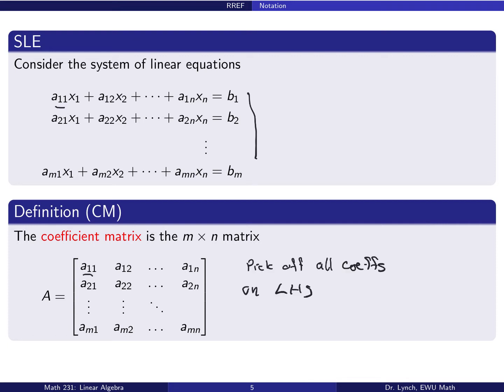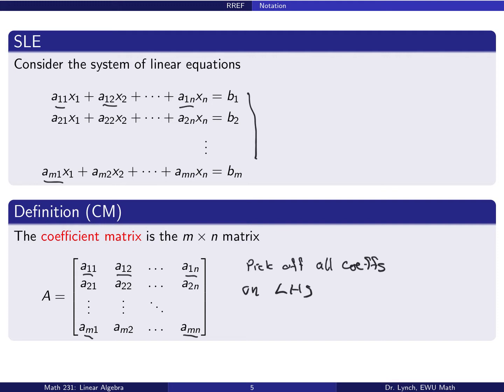So A11, A12 is the element in the first row, second column, out to A1n, the first row, nth column, and then all the way down to A sub m1, the mth row, first column, over to A sub mn, the mth row, nth column.